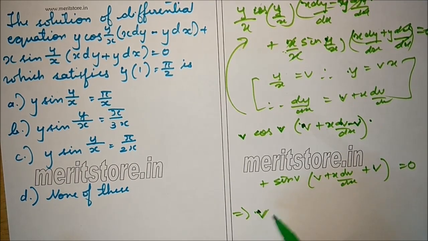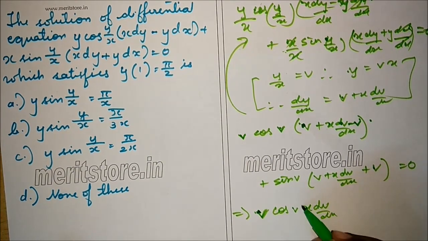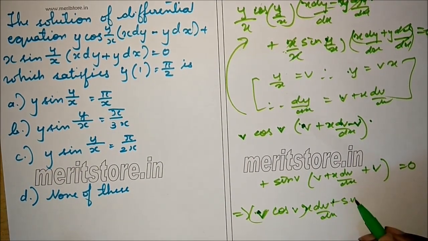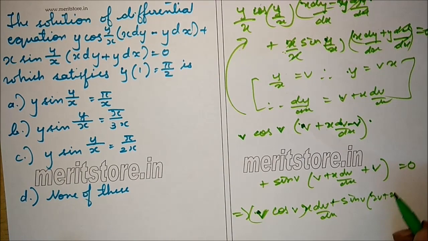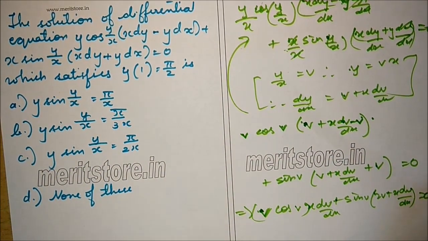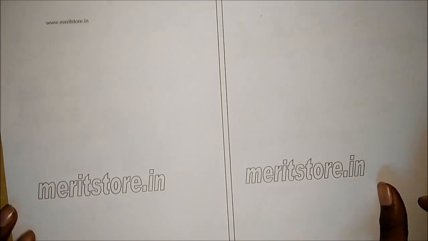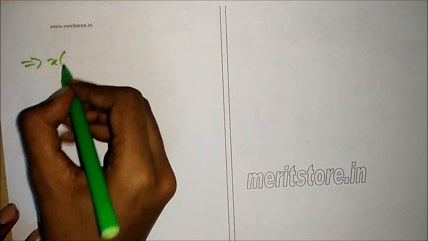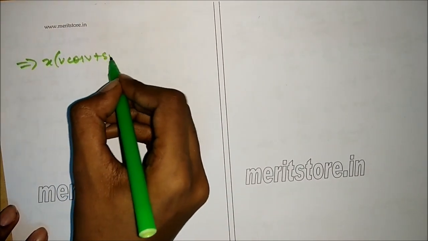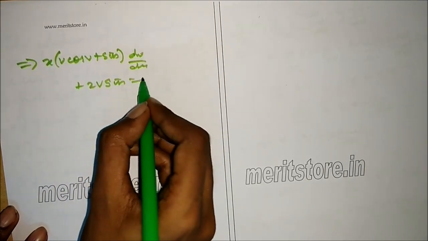This can be simplified to v cos v x dv by dx plus sin v (2v plus x dv by dx) equals 0. That is equal to x into (v cos v plus sin v) dv by dx plus 2v sin v equals 0.